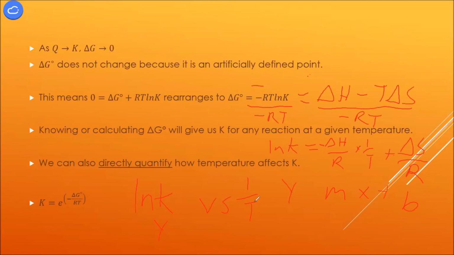We're going to literally plot ln K, which we're going to measure by measuring the expected concentration at the temperature at which this is at equilibrium. From there, we can calculate what our delta H values and delta S values are, and we can calculate our delta G values for that reaction.